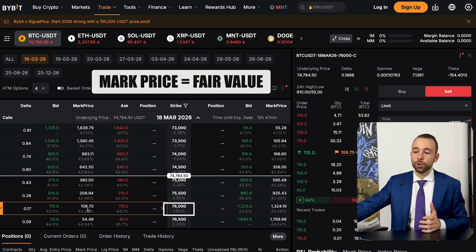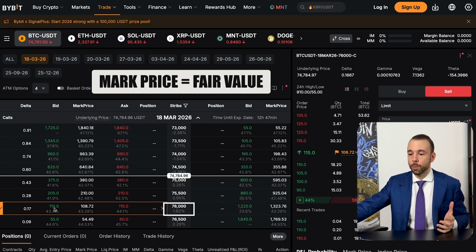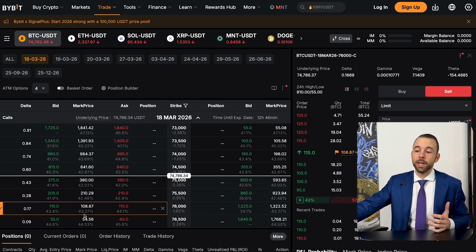Here we can see also the fair value of this option, which is equal right now to $108. So that means basically if I'm going to sell this call option right now, I can sell it at a higher price than its fair value of $108. So nice one. And here we can find also the implied volatility level for this specific strike price.